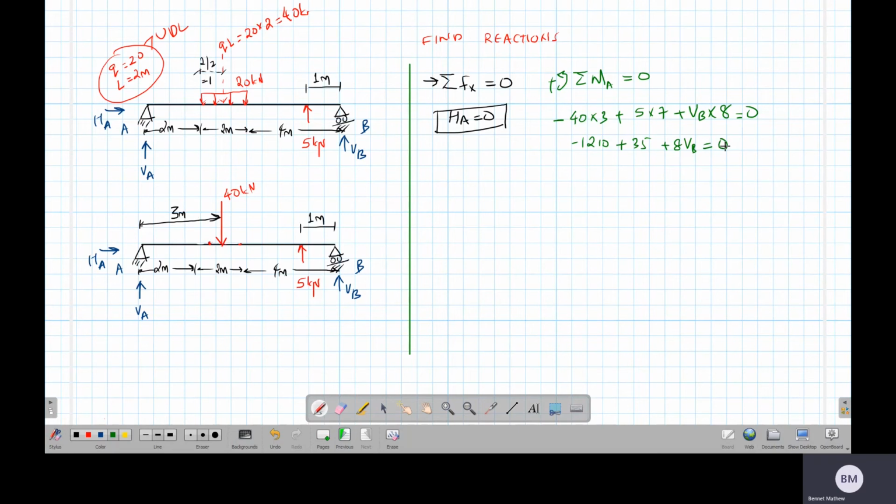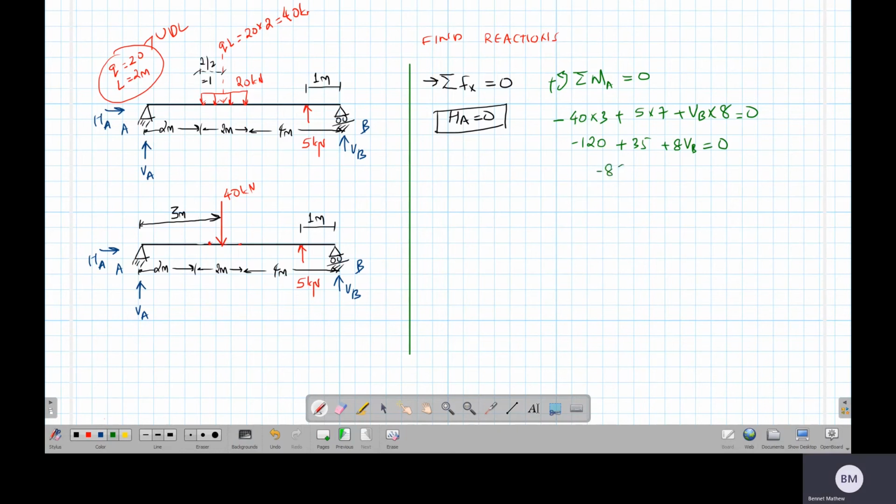So that means 8 VB equal to 120 minus 35 is 85.